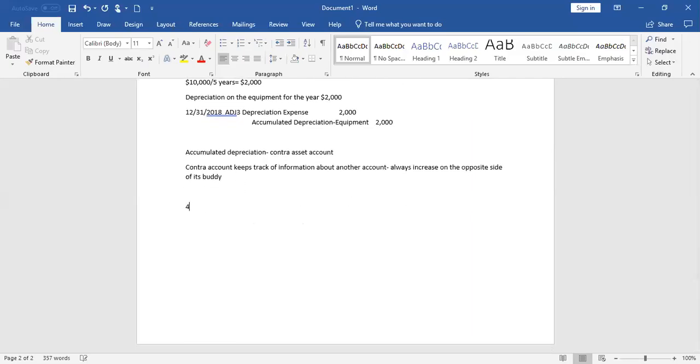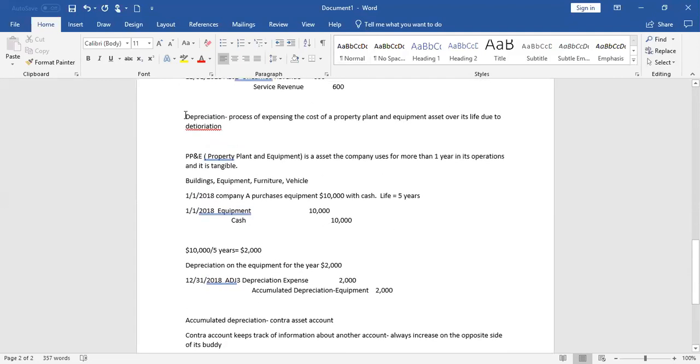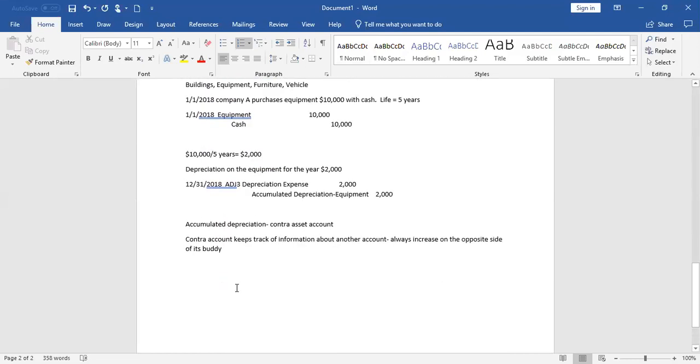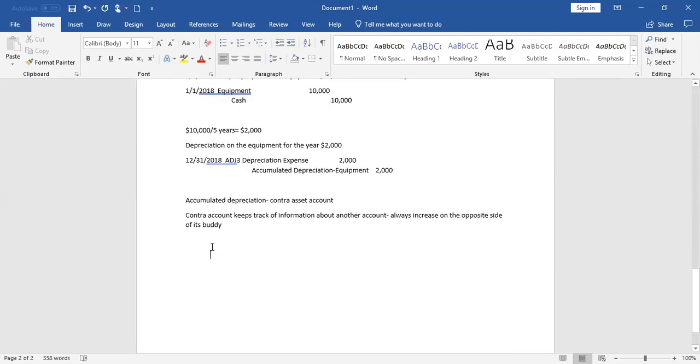The fourth type, whoops, I guess I didn't put a 3 on my depreciation. Whoops, there we go. The fourth type of adjusting journal entry is called an accrued expense. And you've actually seen this already. Here's what an accrued expense is. It's an expense that has happened. We've received the service.